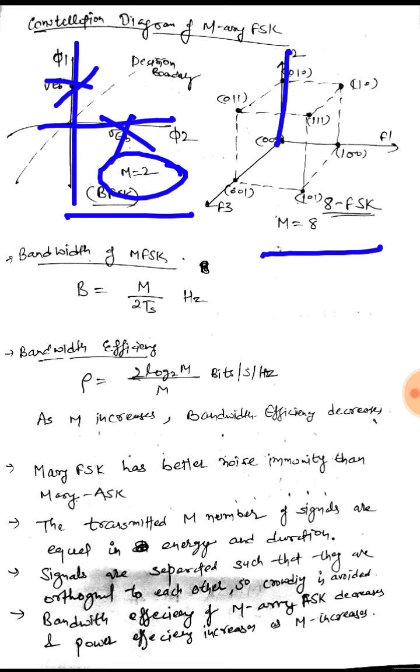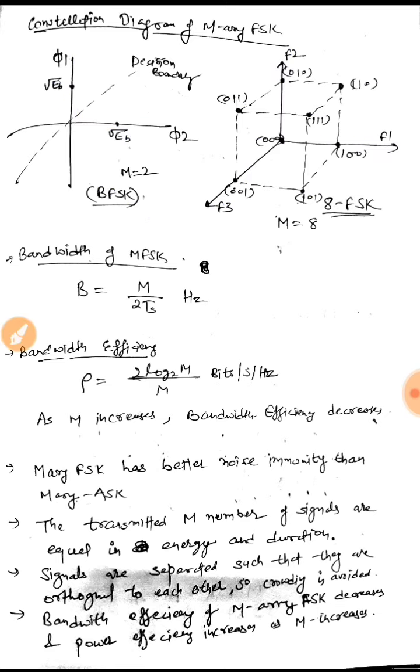In the 8 level we would be having 8 frequency components or symbols which should be orthogonal to each other so as to avoid any sort of interference between them, which will be very useful at the receiving end.